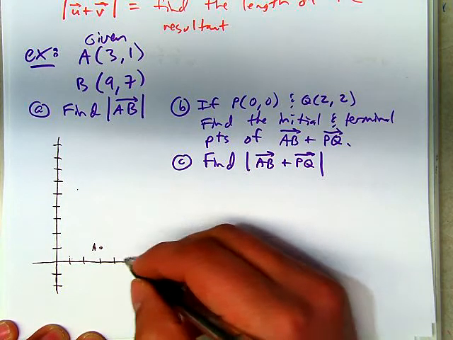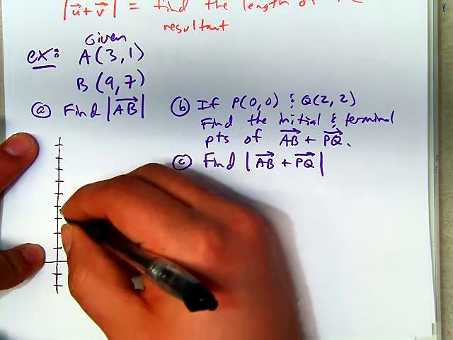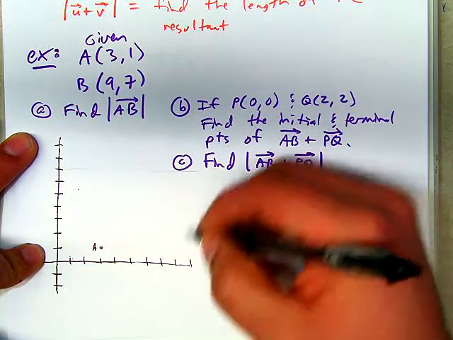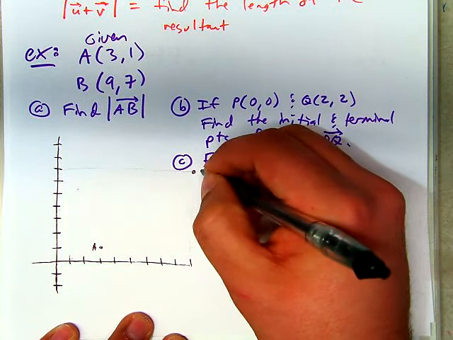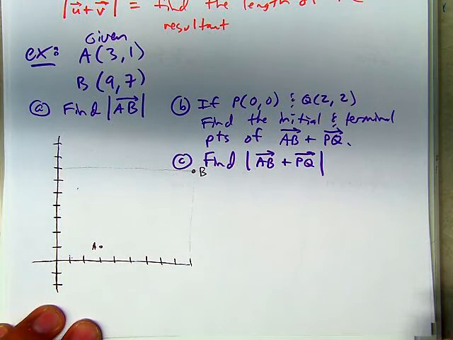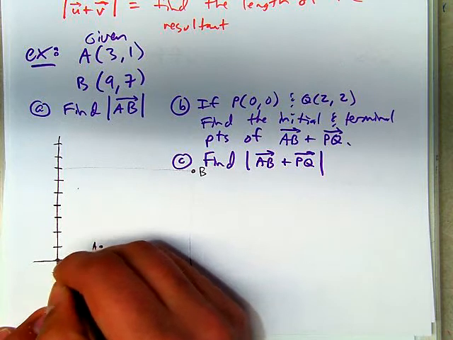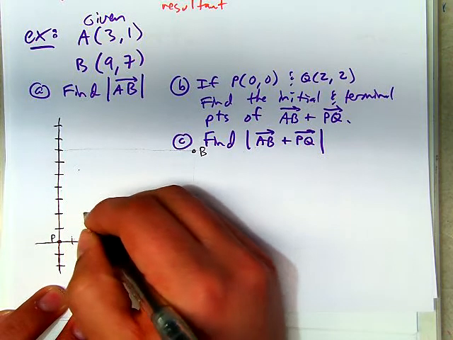So 1, 2, 3, 4, 5, 6, 7, 8, 9. 1, 2, 3, 4, 5, 6, 7. So then here's B, and P is (0, 0), and Q is at (2, 2).